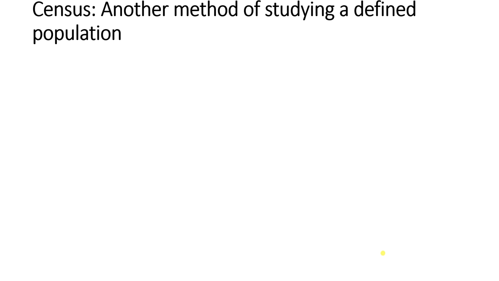For example, the students sitting on the first bench in any classroom will be fewer in number, and we can study all those students if that is the population. So if we are studying each and every element of the population, then that method is called the census method.